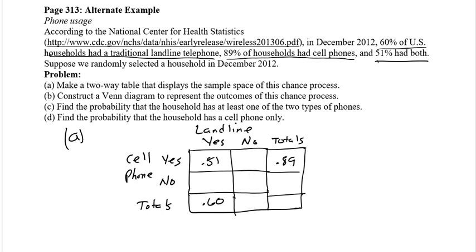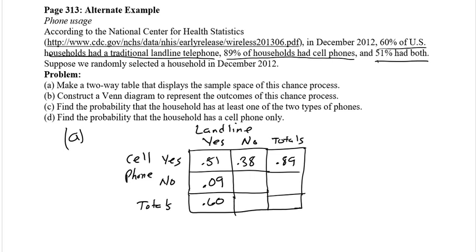Now we can just use what we know about probabilities to figure this out. If the total is 60 and we have 51% said yes, that leaves 9% because 51 and 9 have to add up to 60. Same thing here, 51 and 38 add up to 89. And so 38% of the population has a cell phone and no landline.